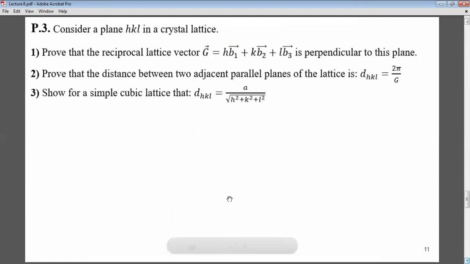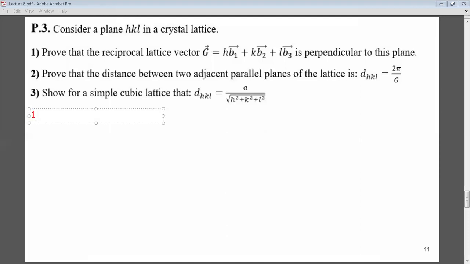Okay, so let's do a simple exercise. Consider a plane HKL in a crystal lattice. Prove that the reciprocal lattice vector G, which is HB1 plus KB2 plus LB3, is perpendicular to this plane.